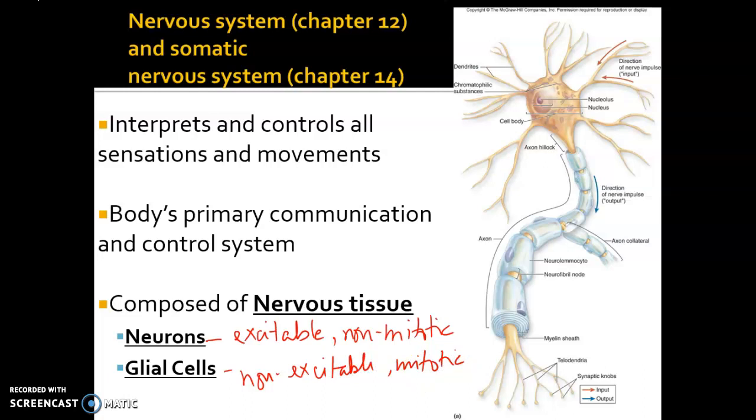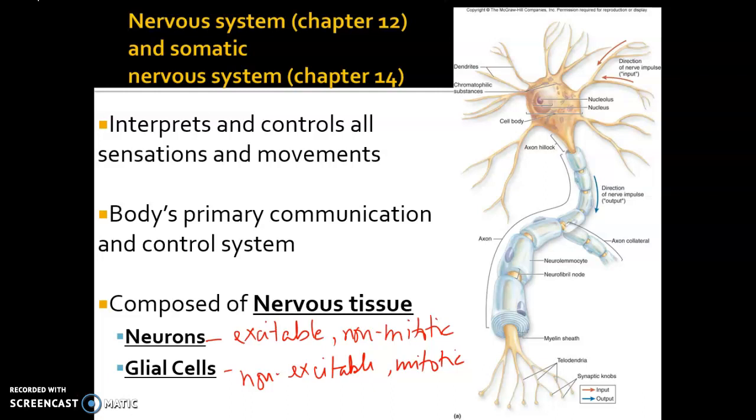Okay, so let's talk a little bit about the neuron that we see here. We do see the cell body or the soma with a nucleus and a nucleolus inside. We also see a lot of cytoplasmic organelles within the cell body. Radiating from the cell body, the cytoplasmic extensions are called dendrites. I want you to know that the dendrites are the receiving part of the neuron. Dendrites receive sensory information. And the soma or the cell body integrates all that incoming information.